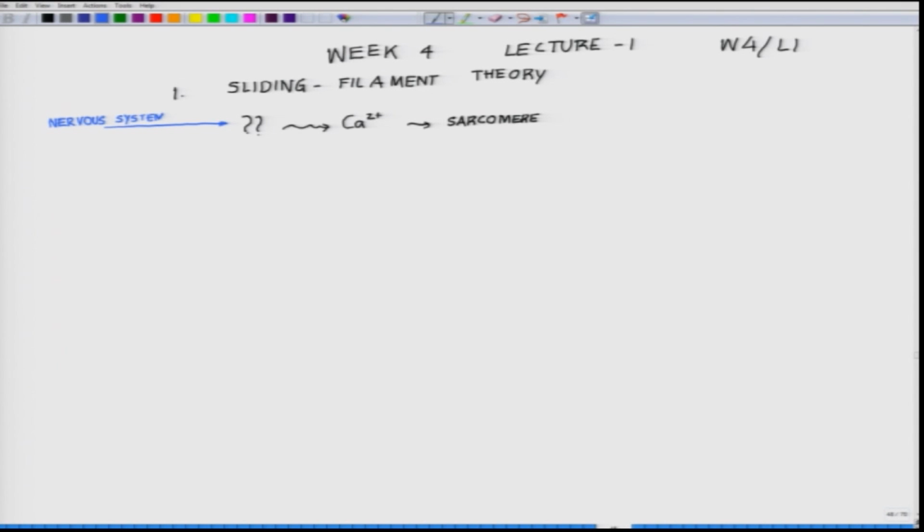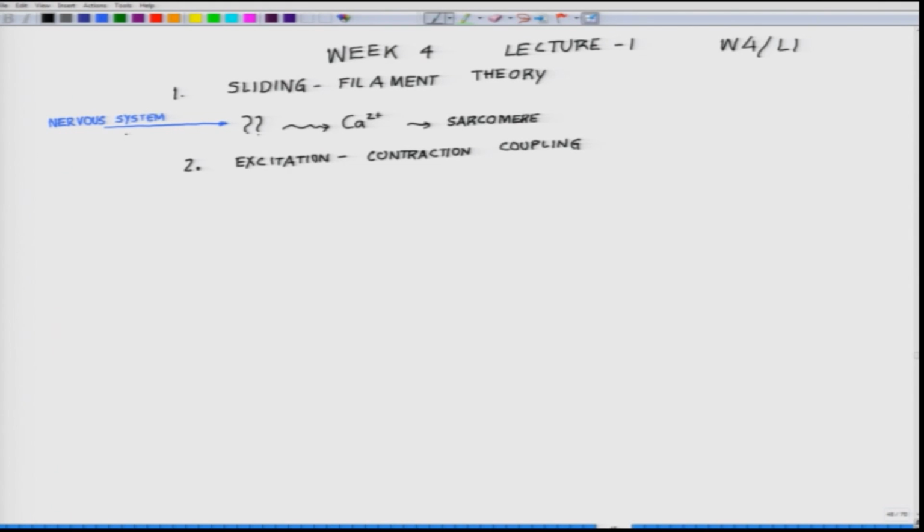Okay. Now, the second part of this puzzle is a theory which we will not cover today, but I will just give you a flavor. It is called excitation contraction coupling theory. What does that mean?